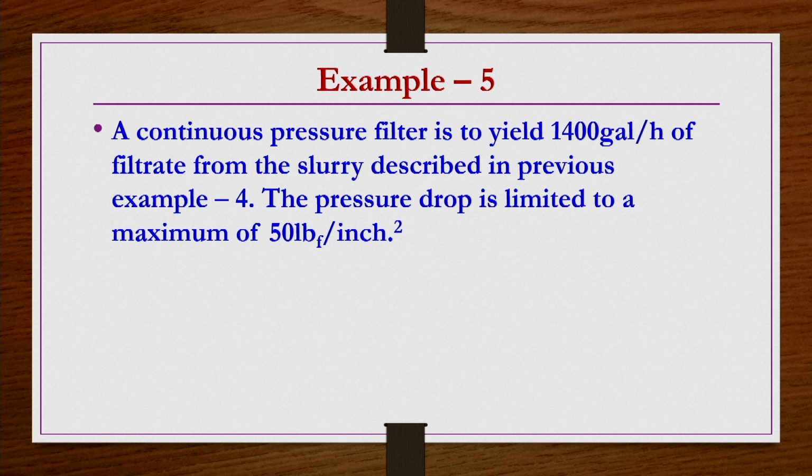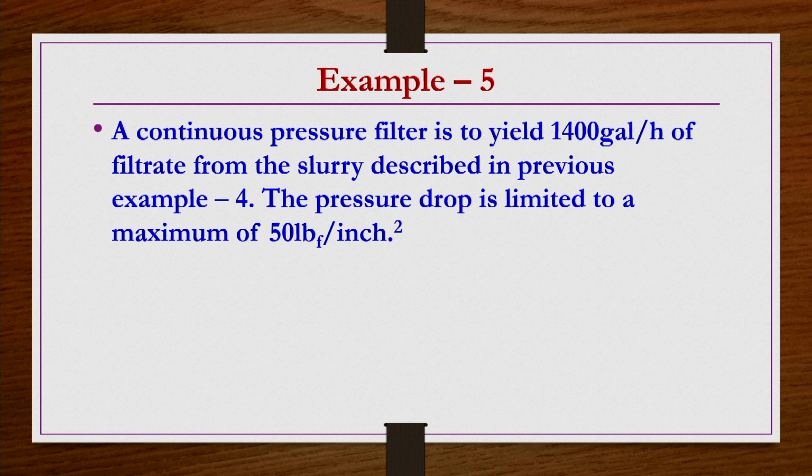Okay. Now, we take another example problem, followed up from example number 4. A continuous pressure filter is to yield 1400 gallons per hour of filtrate from the slurry described in previous example 4. So, the properties alpha, Rm, viscosity, everything has to be taken the same as in the previous example number 4.